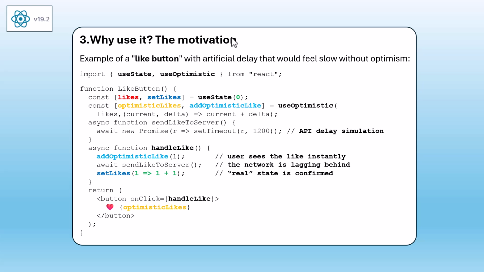By using useOptimistic, you can make the UI feel instantaneous. You update the view immediately as though the action has succeeded, while behind the scenes the actual request is being executed. This improves perceived performance and user satisfaction. In today's world where users expect apps to respond at lightning speed, this can be a significant UX advantage.